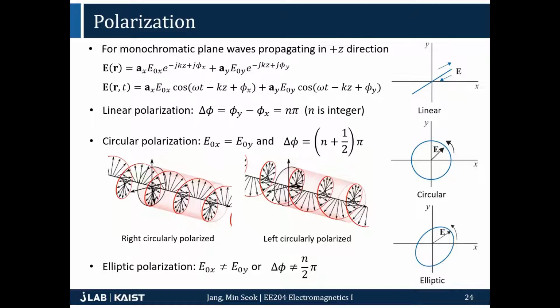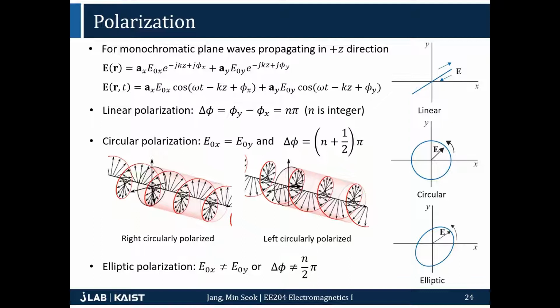And of course, what I mean by general is not fully general. We are still in the regime of a monochromatic plane wave. But the direction of the electric field can change as a function of time, because what we know from the previous discussion is that the electric field and magnetic field need to be perpendicular to each other, and they are also perpendicular to the direction of propagation.